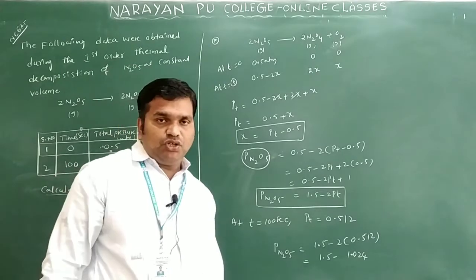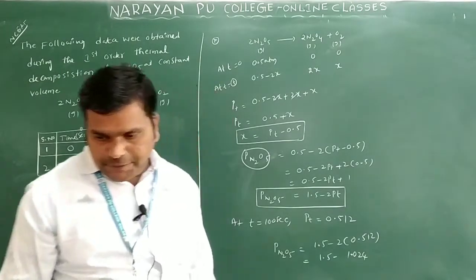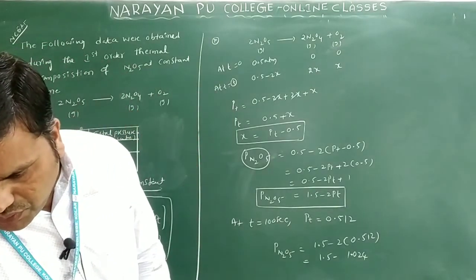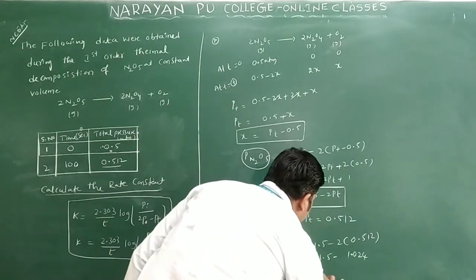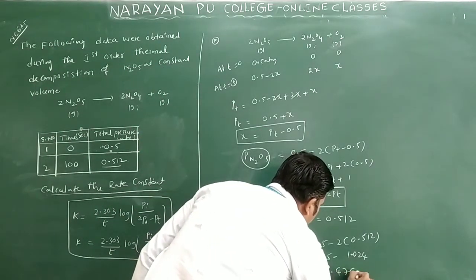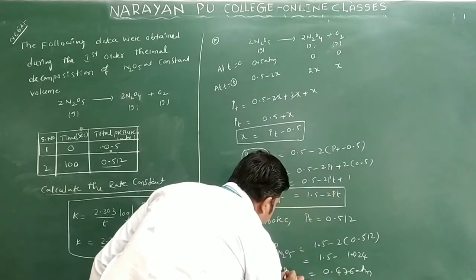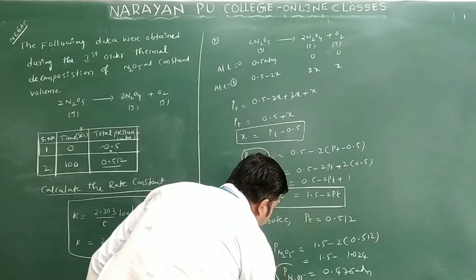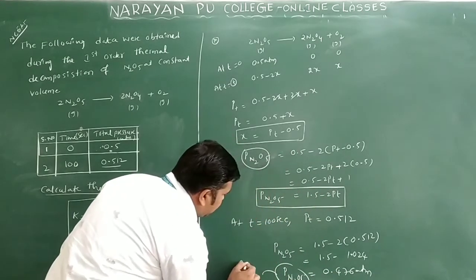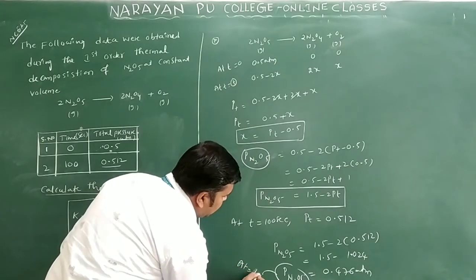So the partial pressure of N2O5 is equal to 1.5 minus 1.024. So you will get 0.476 atmosphere.